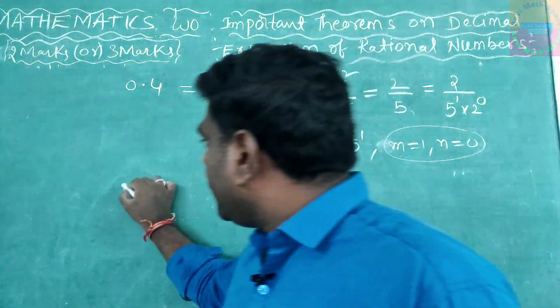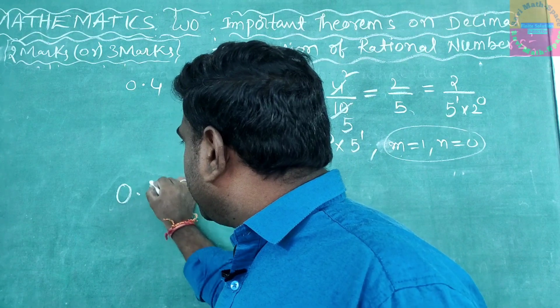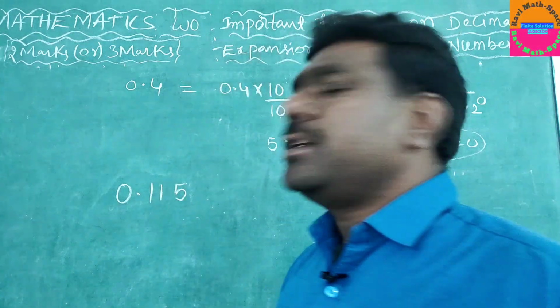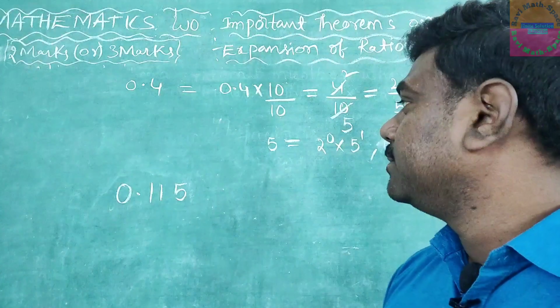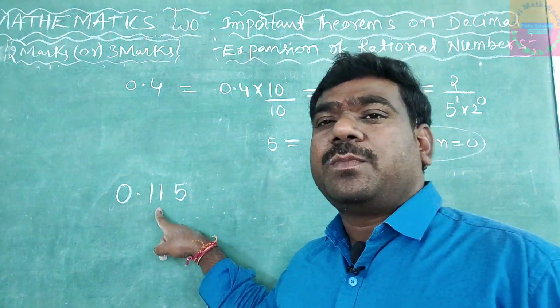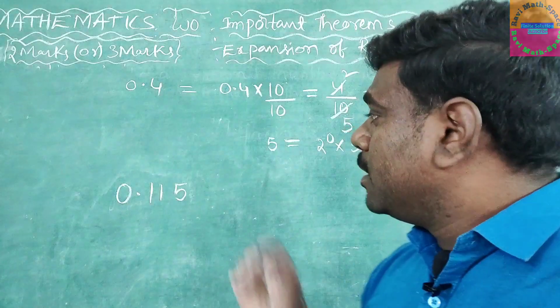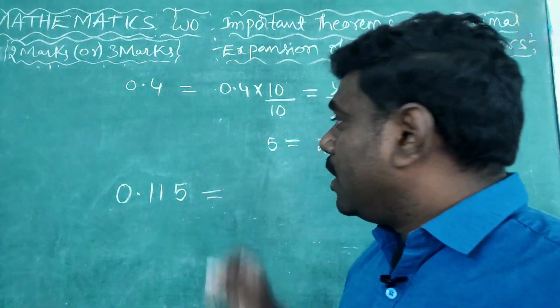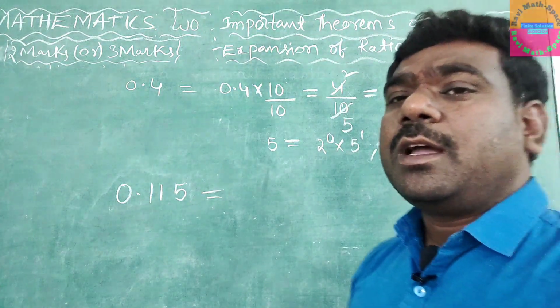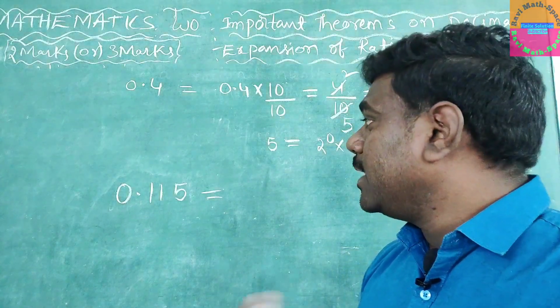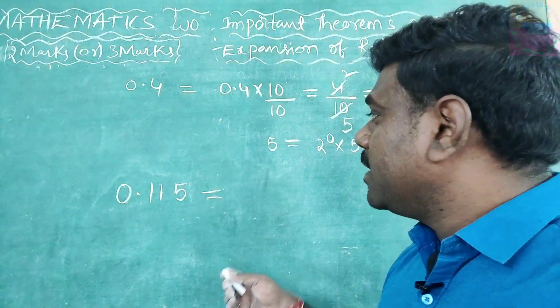Suppose I take the terminating decimal 0.115. This terminating decimal we should express in the form of p by q. How to convert? We have a procedure. What is the procedure here? Very simple.